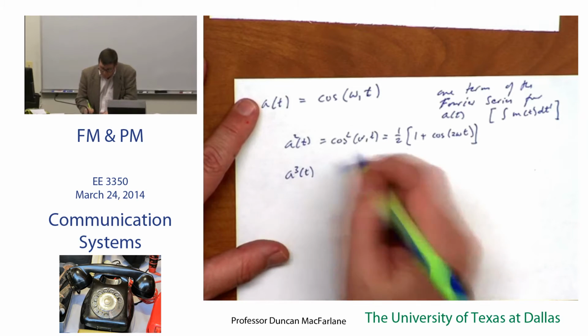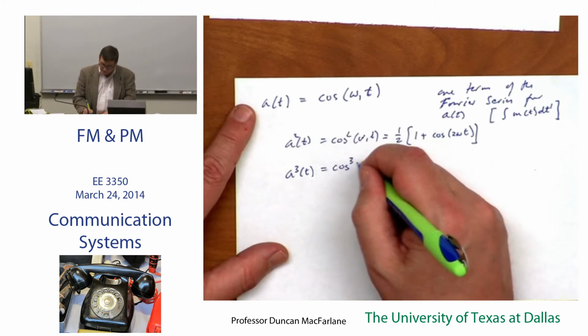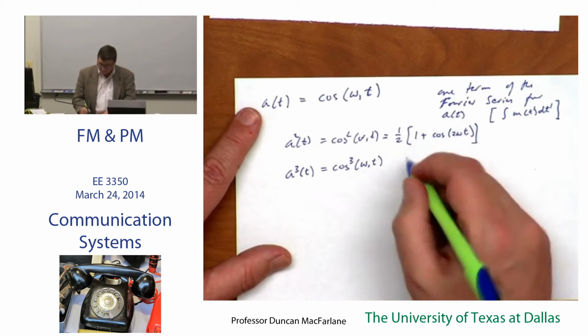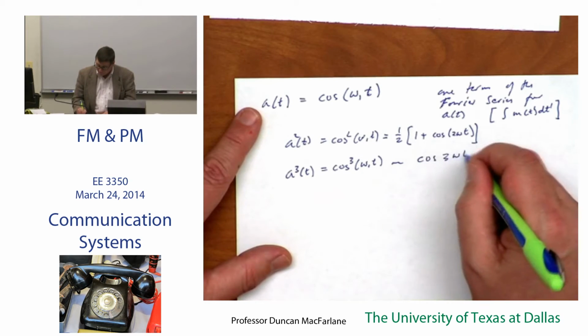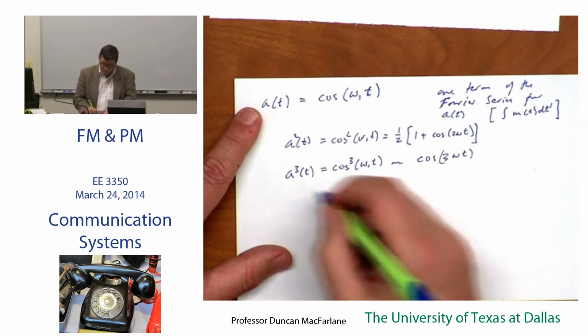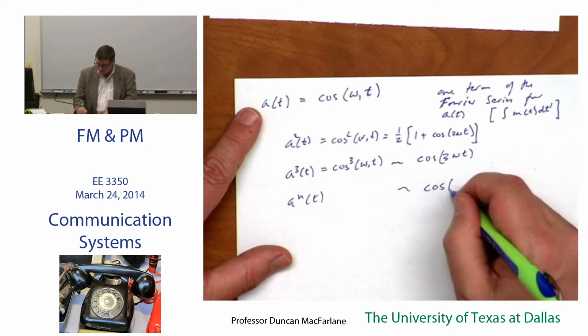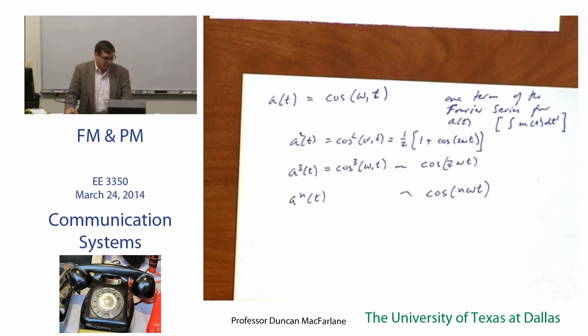For A cubed of t, I'm going to have terms that are like cosine cubed of omega 1 t, and that's going to give rise to terms of cosine of 3 omega t. So A to the n will give rise to cosine of n omega t terms through all the trig identities.